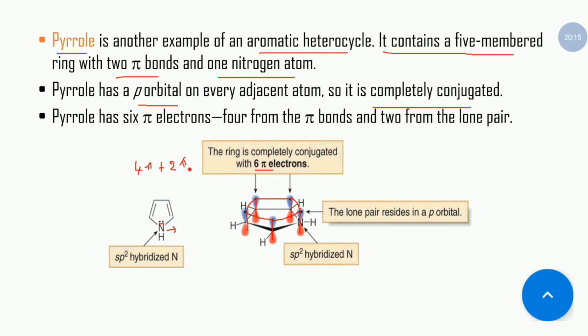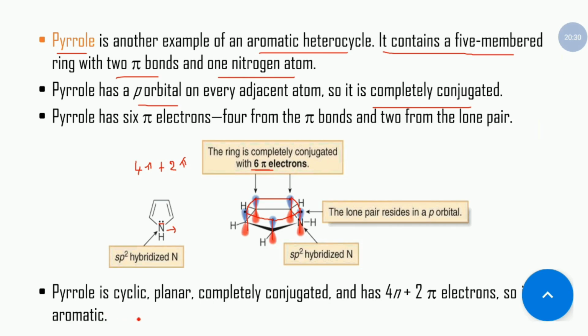So 4 pi electrons and 2 electrons from the lone pair, a total of 6 pi electrons. So it also satisfies all the necessary criteria to become an aromatic compound. So it's another example of an aromatic heterocyclic compound.